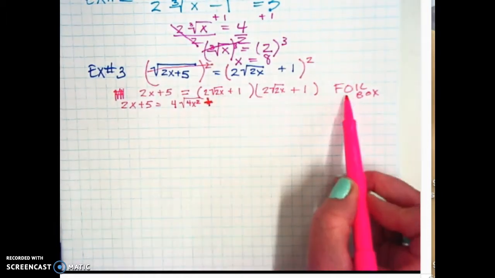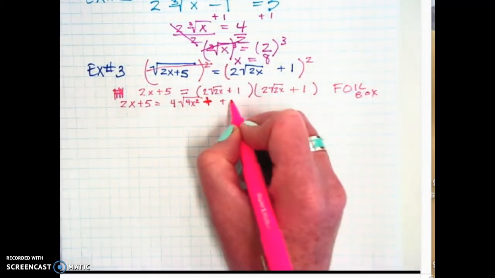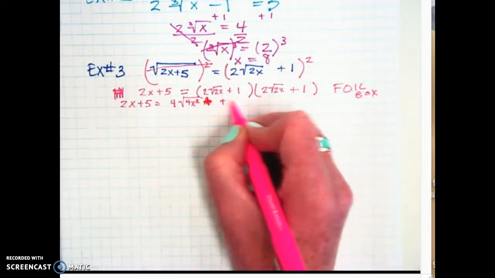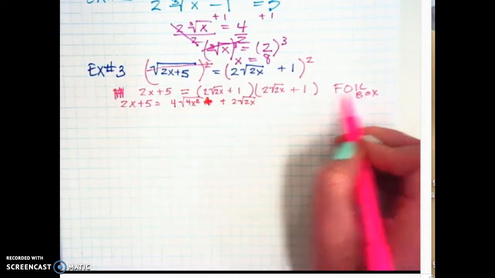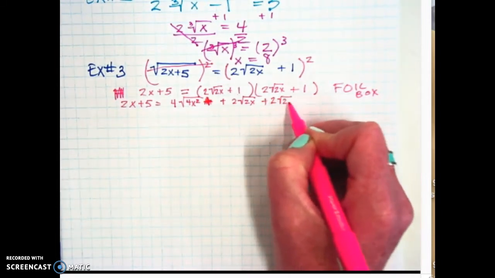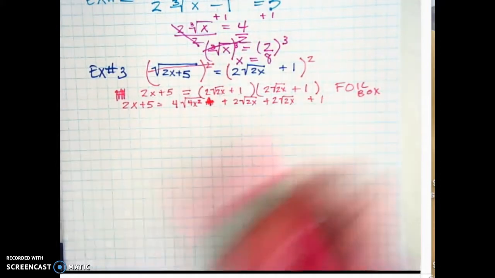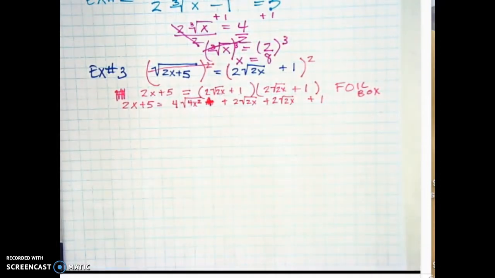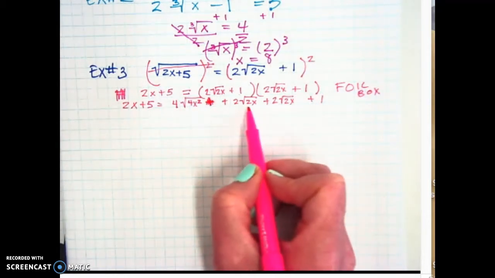Then we've got the O outside, 2 rad 2x times 1 is one of them. And then I inside is the same thing. So we've got another 2 rad 2x. L is last, so 1 times 1 is 1. So these two middle terms right here are the two that are going to combine.